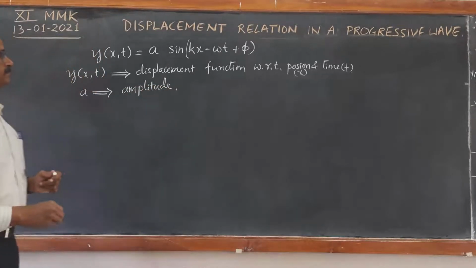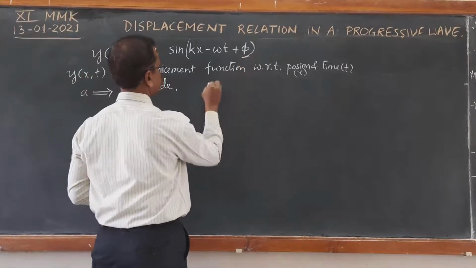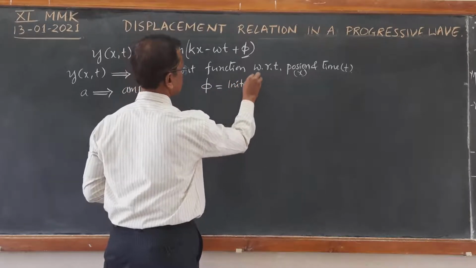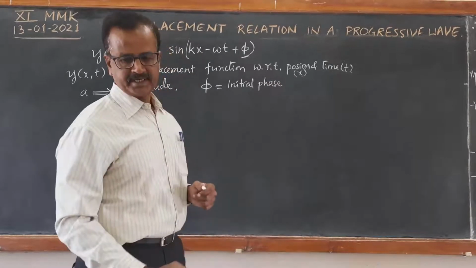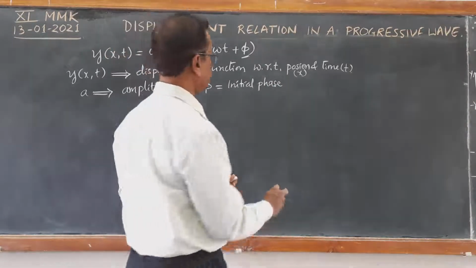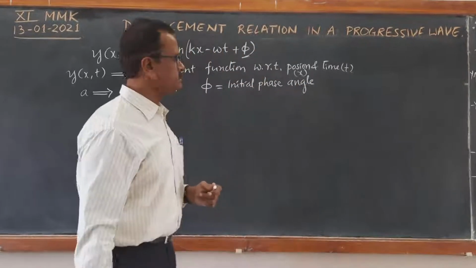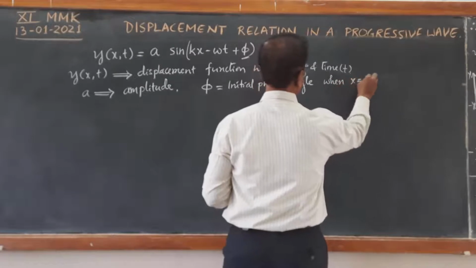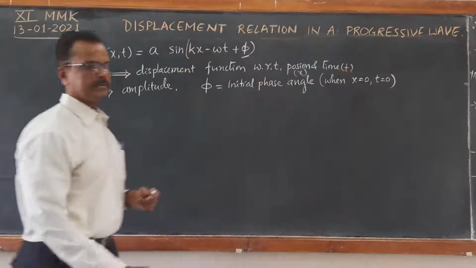And then phase phi is called the initial phase or phase constant. It is also called the initial phase angle, which is measured in radians. It is the initial phase angle when x equals 0 and time t equals 0.